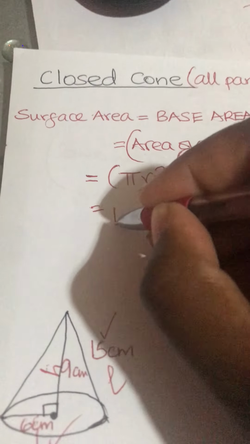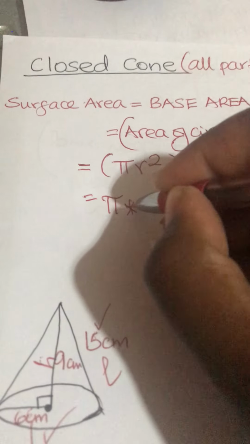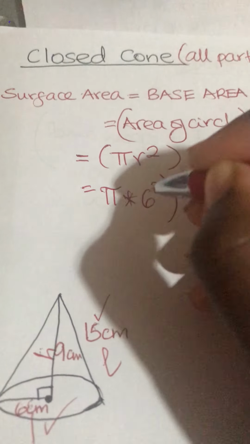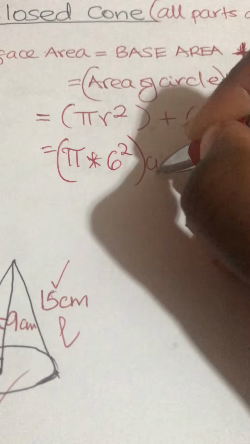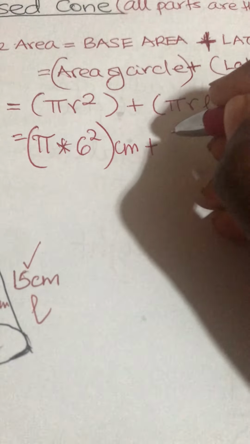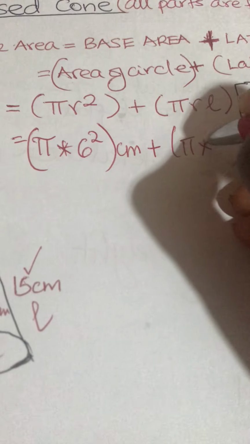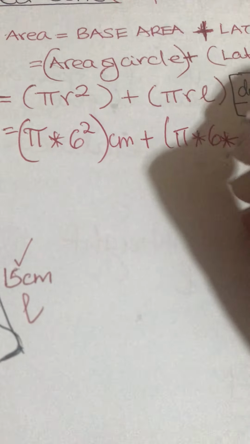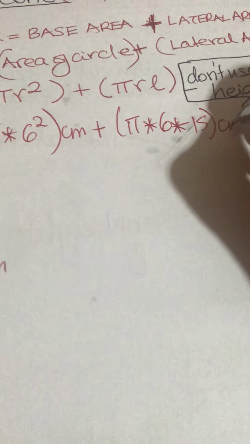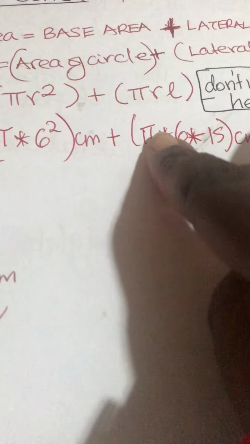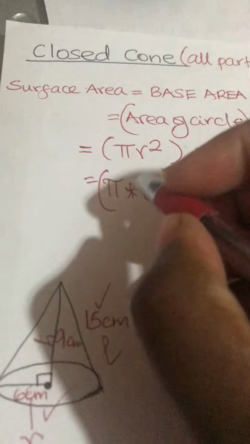So you will put pi times 6 squared, with your units, centimeters, plus pi times 6 times your slant height, which is 15, centimeters squared. Why? Because both brackets are area. Area, area.